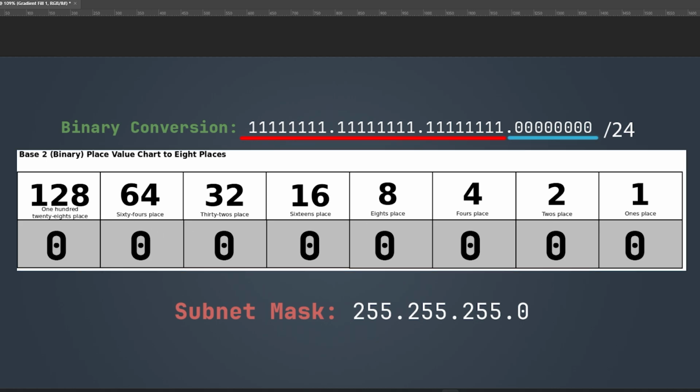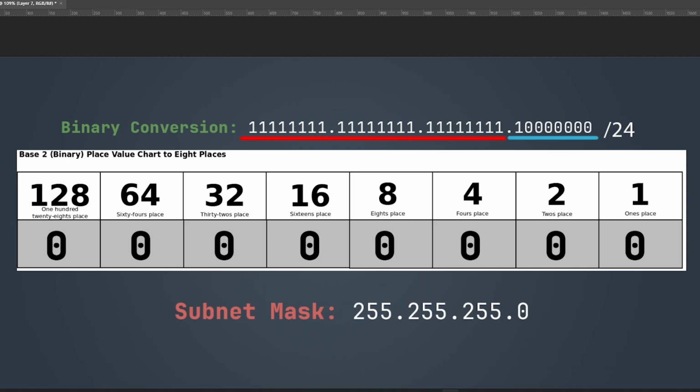When we're borrowing host bits, it'll look like this to a computer. When we borrow that host bit, we're basically redefining the network portion of that address.